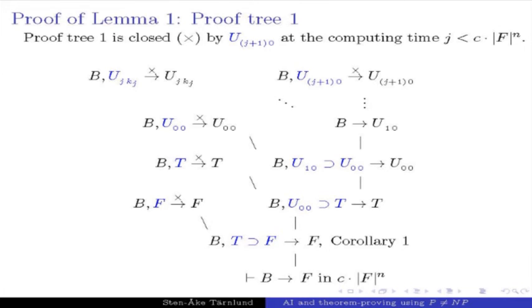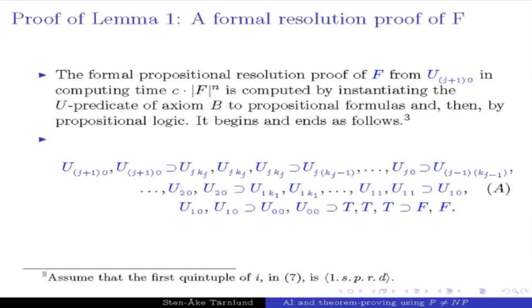So when we are up here and we have been computing in polynomial computing time, we can just collect the propositional formulas that we have got. Then, if you remember the blue ones, here they are again. So if you see here, here's one formula and here is that one implies that one. That's an atom. So it's a very simple structure of the proof that we collect of the propositional formulas.